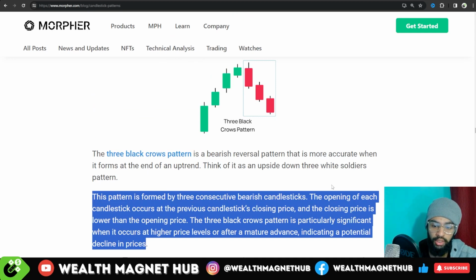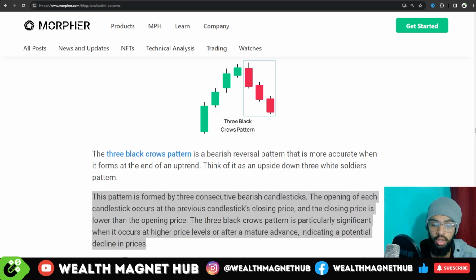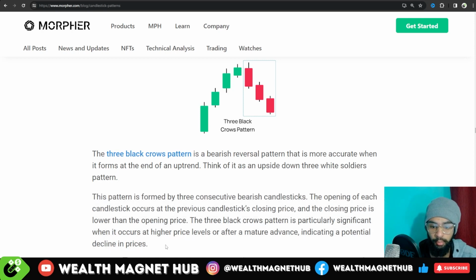The opening of each candlestick occurs at the previous candlestick's closing price, and the closing price is lower than the opening price. The 3 black crows pattern is particularly significant when it comes at higher price levels after a mature advance, indicating a potential decline in prices.